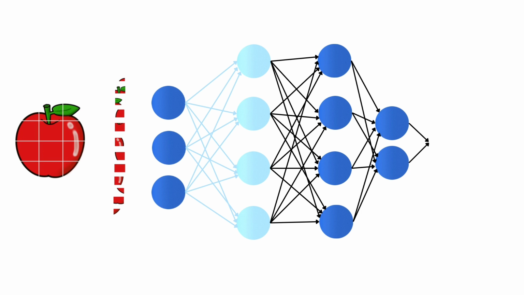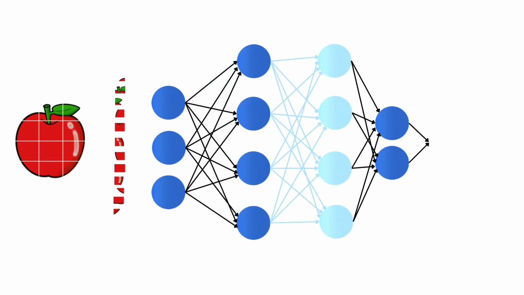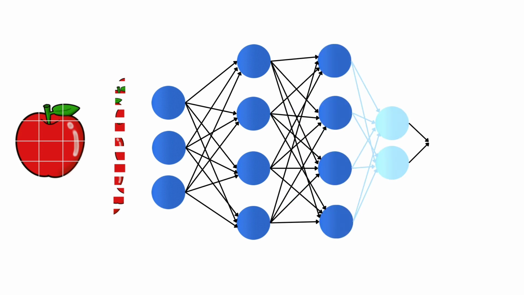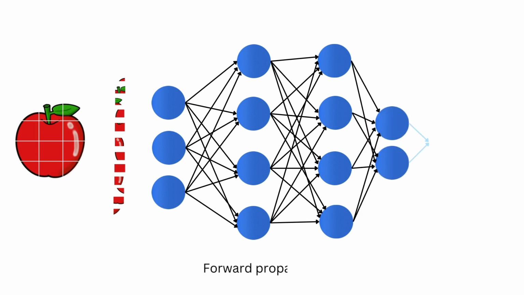As I have explained previously, each perceptron takes on these values and formulates with a random weight and bias. Now it's the work of the activation function to pass these values further or not. These values are calculated and passed to the output layer. This is called forward propagation.